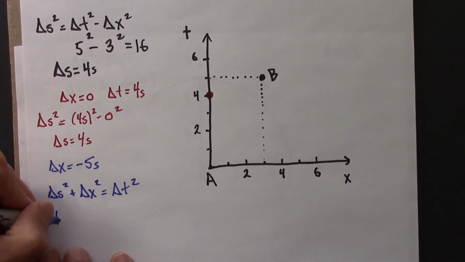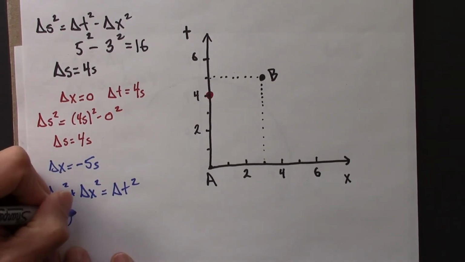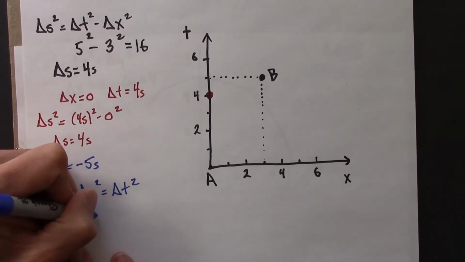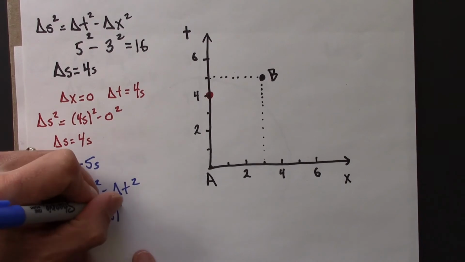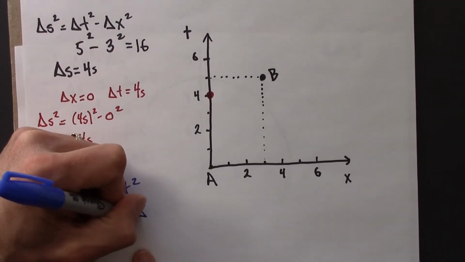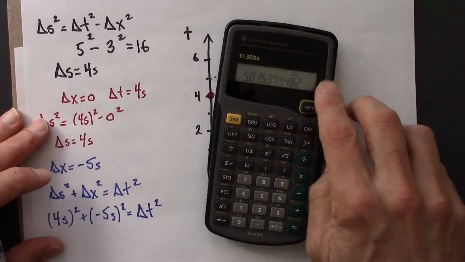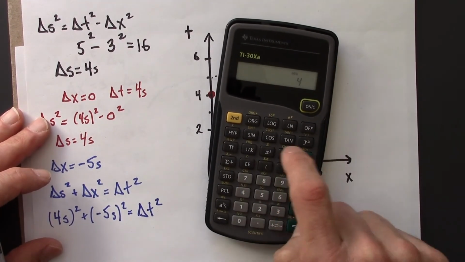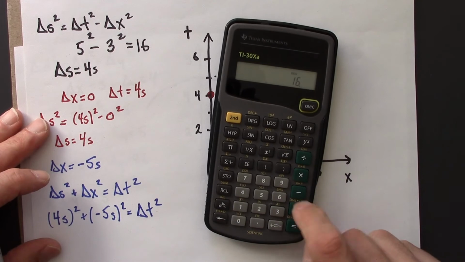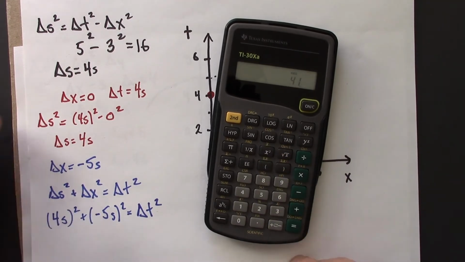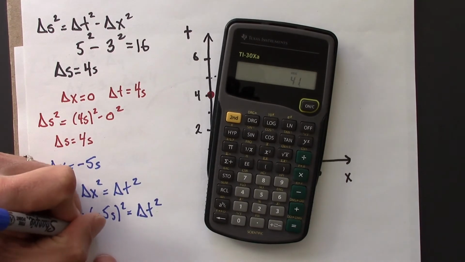So I'm going to have 4 squared and minus 5 squared is going to equal delta t squared. Oops. 4 squared plus minus 5 squared equals, that would be 41.